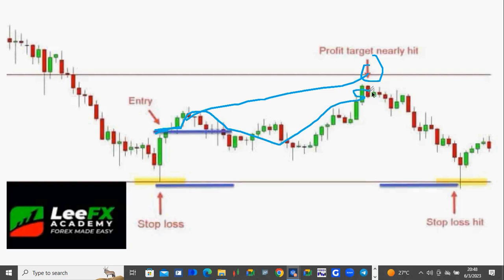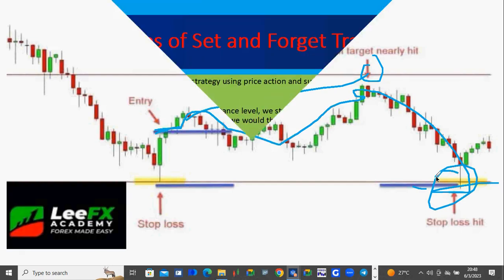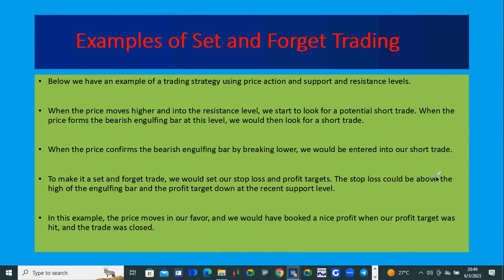Before it reaches your take profit, it reverses up to the time it hits your stop loss. So you discover that you have hit your stop loss here, okay? So once you come, you discover that this market did not go my way. So this is what you need to be looking at.